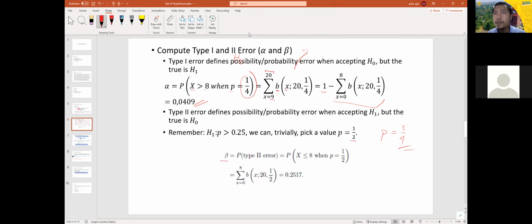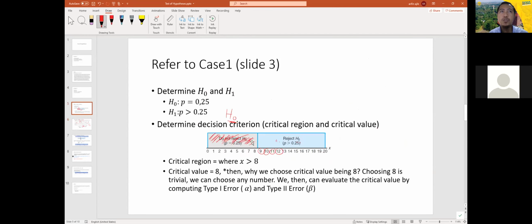In the case of P equal to 50%, we can express it like this: the probability of x less than or equal to 8 when P is 50%. Why x less than or equal to 8? Back to this one.